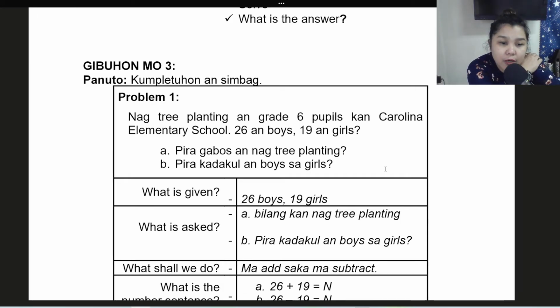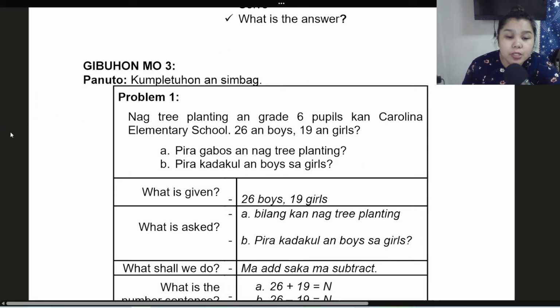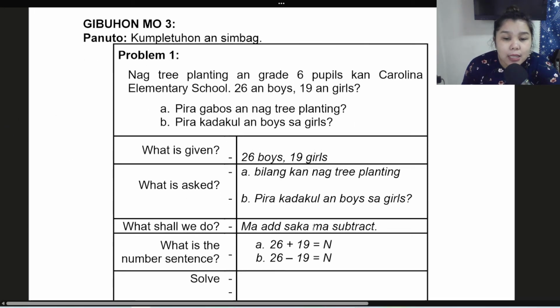Okay, so we have here what is given: 26 boys and 19 girls. What is asked: the total number who planted trees, and another question, how many more are the boys than the girls. What shall we do? Add and subtract. Which part are we going to use addition? This is the part. This is addition because of how many in all, boys and girls, and for this one we need subtraction because we need to find the difference between the number of boys and the number of girls.